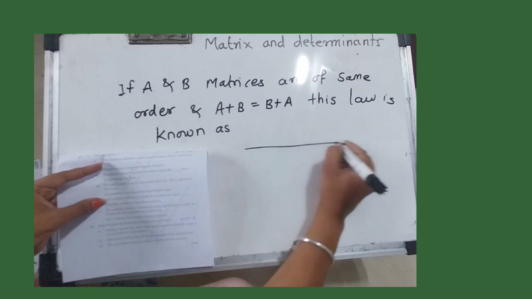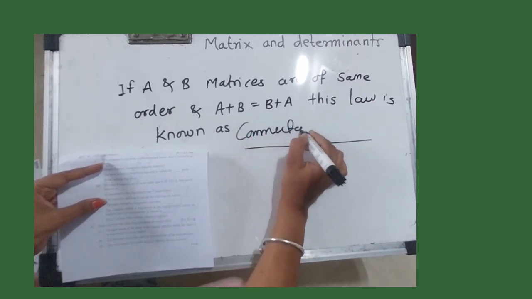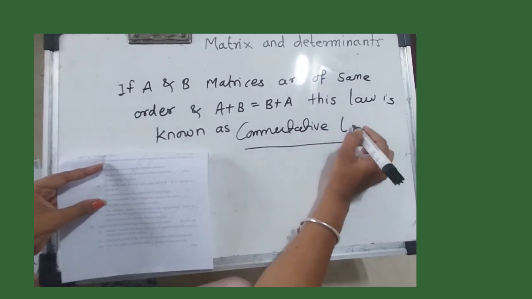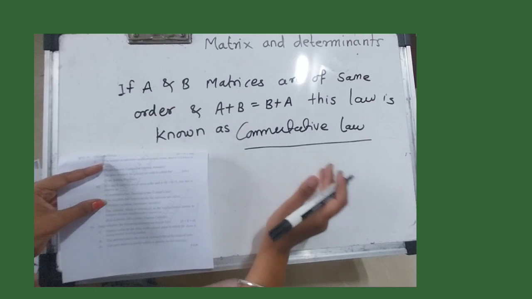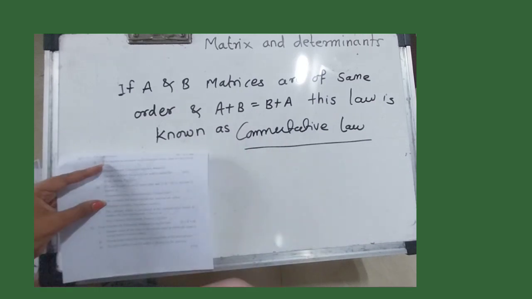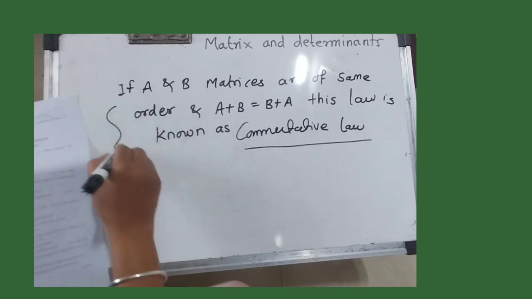So the answer is commutative law. We already studied this topic. Sometimes they give options, sometimes they do not, so learn it: commutative law. Okay, this is for 2 marks.